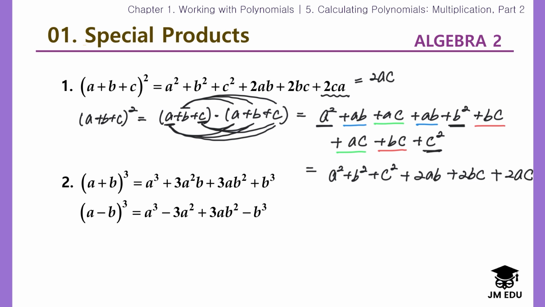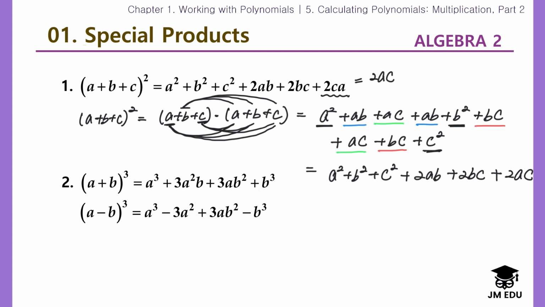Okay? Now, number two is binomial cube. For binomial cube, we have a cubed plus 3a squared b plus 3ab squared plus b cubed. Okay, so look at this term. This term has a to the 3, 2, 1, 0.